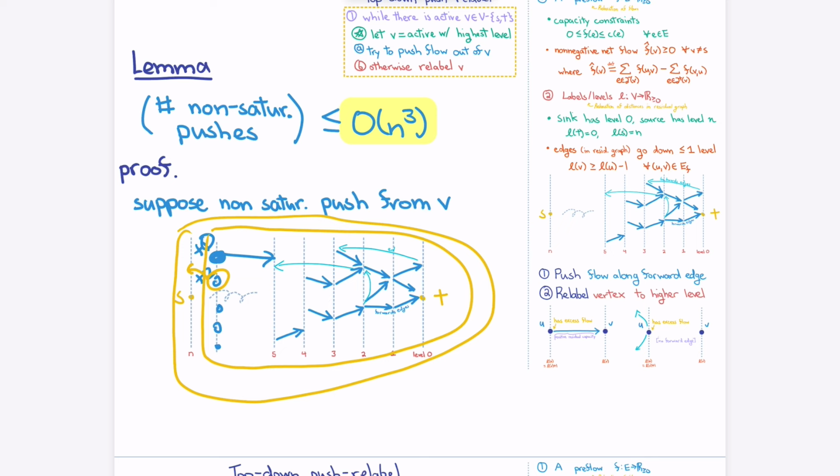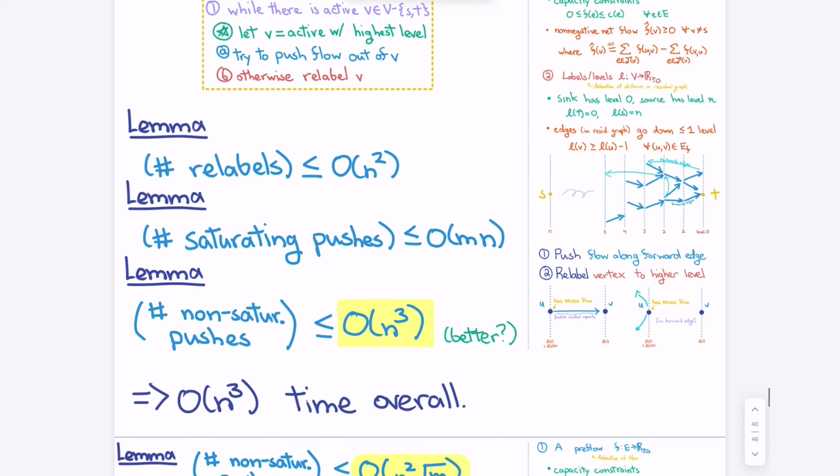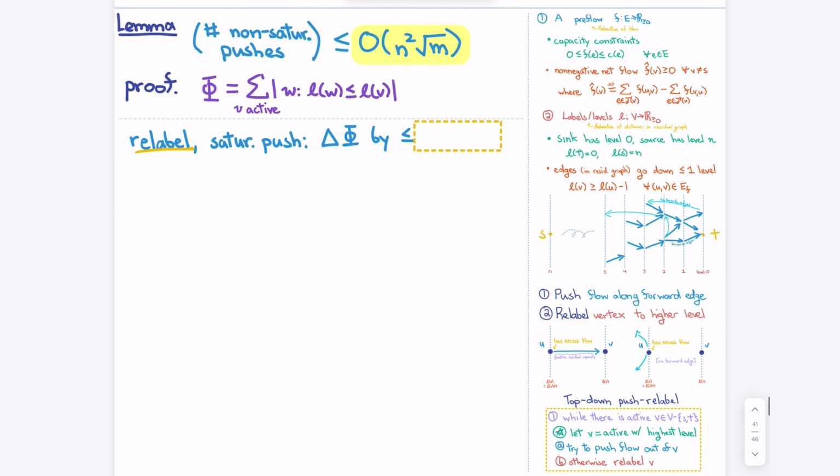I mean, there could be some vertices at this level, right? No, it's all vertices. So how many can be on a particular level? N. Yeah, we're just going to write N.